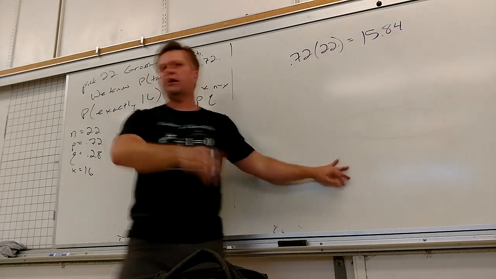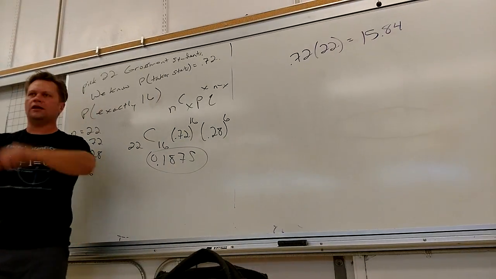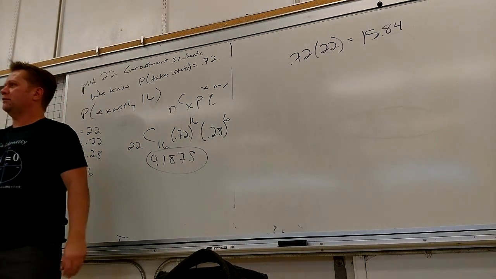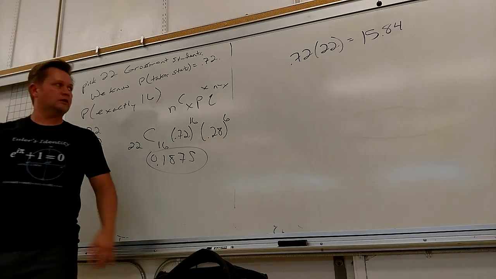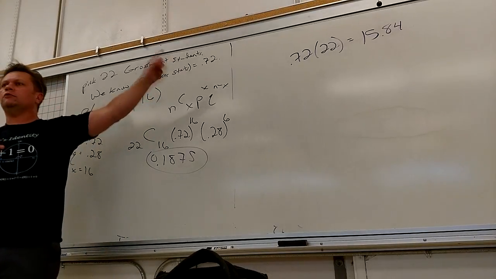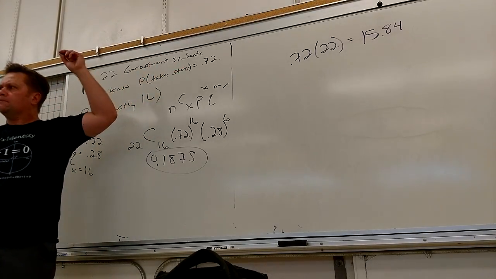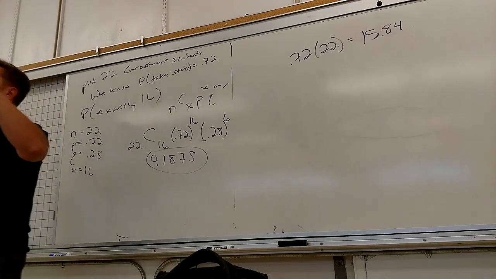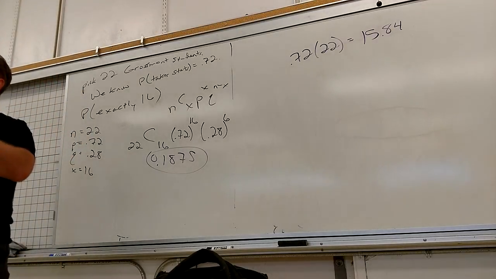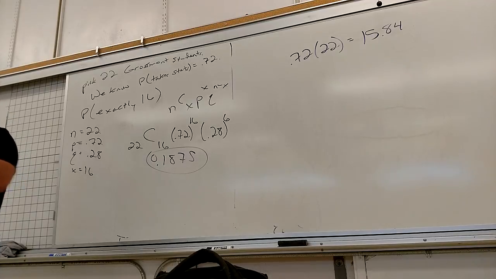I'm not even trying to do the math right now. You all have calculators, you can help me. But what did I just get? What did I call that? The expected number of people. Expected value is the name for the what?